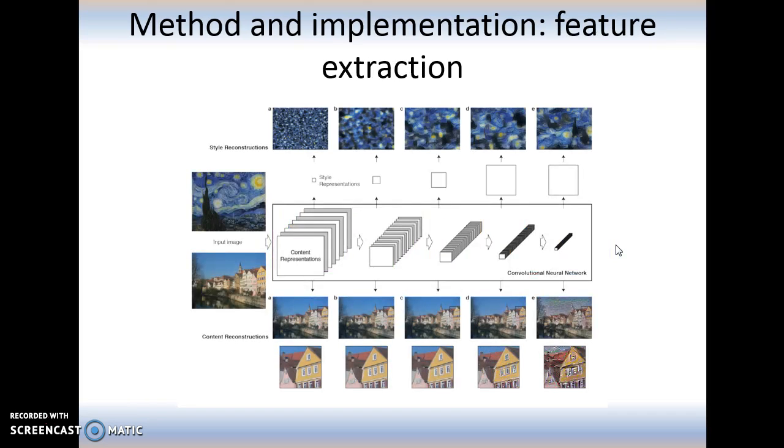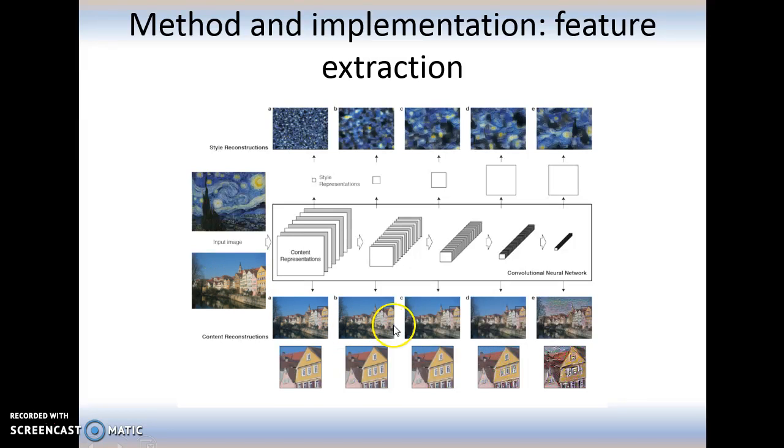The next question is how to extract features from a convolutional neural network. Here is an example. As we pass the image through the network, we want to know which layer preserves what kind of information. As we can see here, during the process, lower layers mainly keep the information of the original picture.